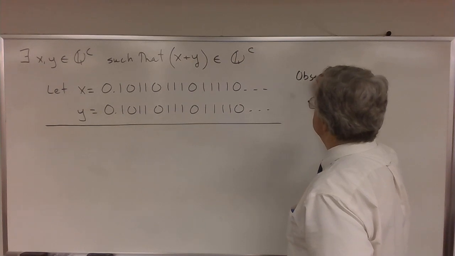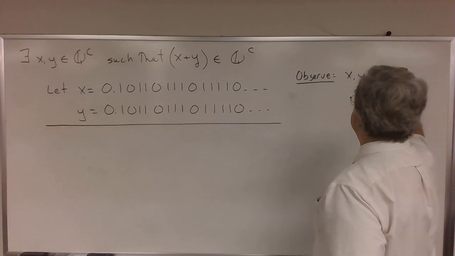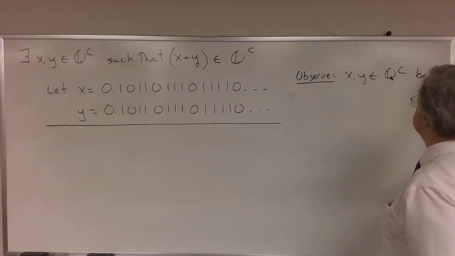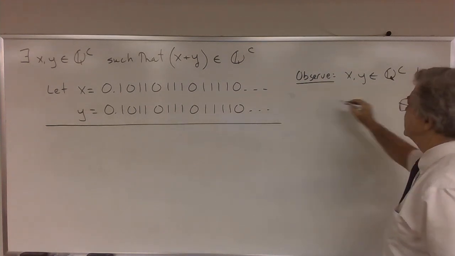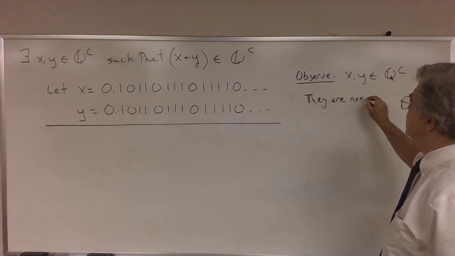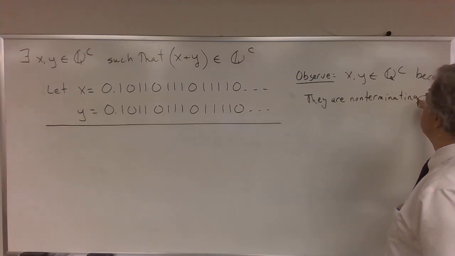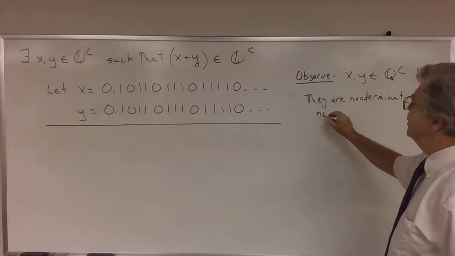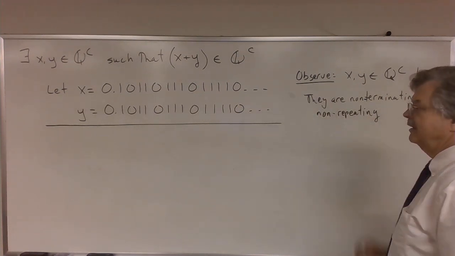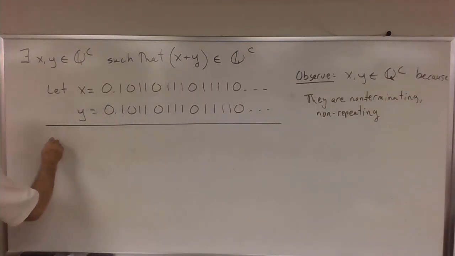And I'll say, observe, x and y are irrational because they are non-terminating, non-repeating, and oh, look what happens when we add x and y together.